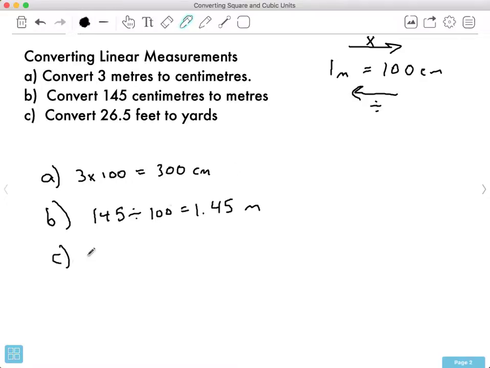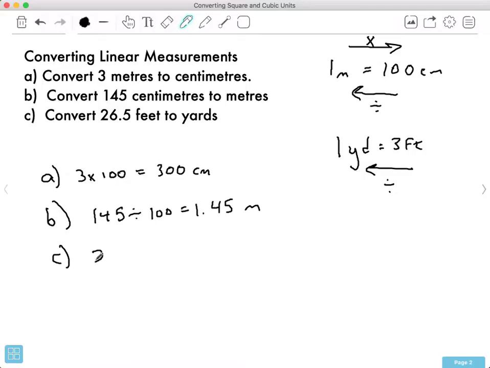Okay, and then just to get some imperial measurement in here, converting feet to yards, I know that 1 yard is 3 feet. You can see when I'm writing my conversion factors, I'm starting with the 1 on this side so that my little arrows hold true here. So if I want to convert feet to yards, I'm going from a smaller unit to a bigger unit, so I know I want to divide.